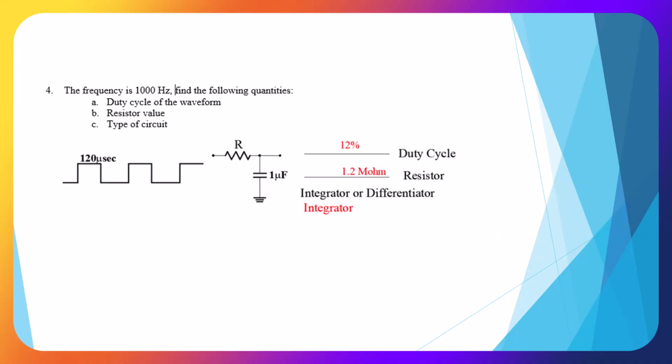Okay, there's our answer, 12%, 1.2 megohm, and it's an integrator based on this circuit. If we swap the two, then it becomes a differentiator.